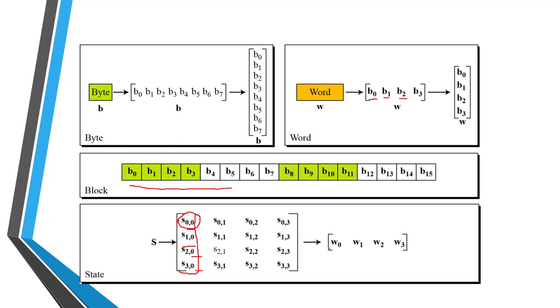The first column is considered as W0, the next column as W1, the third column as W2, and the fourth one as W3, because each cell is of 1 byte. So in total 4 bytes, 4 bytes equal to 32 bits, and 32 bits equal to 1 word. So all the operations are performed on the 4 cross 4 byte matrix.